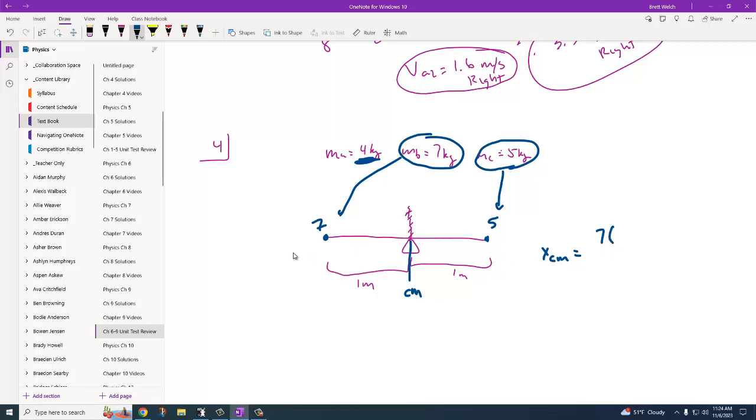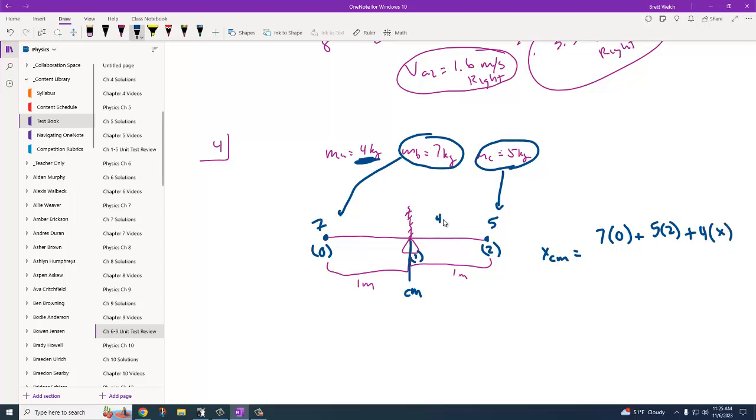Now the word problem says specifically to measure everything from the left edge. So this would be position 0, this would be 1 meter over, and this would be 2 meters over. So 7 would be times 0, plus my 5 kilogram mass is 2 meters over, plus my 4 kilogram mass is at an undisclosed position.